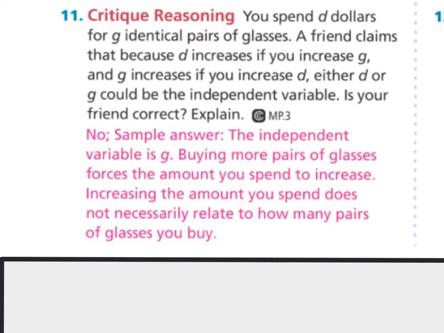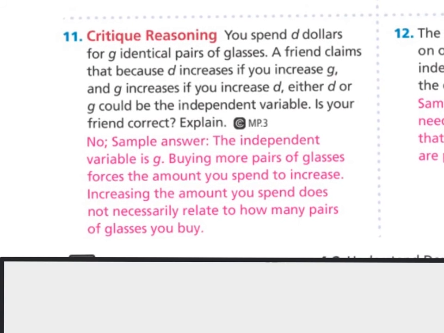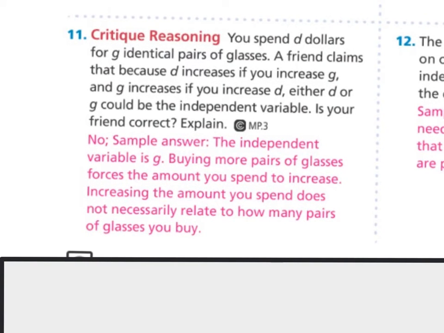In this case, the independent variable is going to be the number of glasses, and the dependent variable is the dollars you're spending. Basically, how much you're spending depends on how many pairs of glasses you're buying.